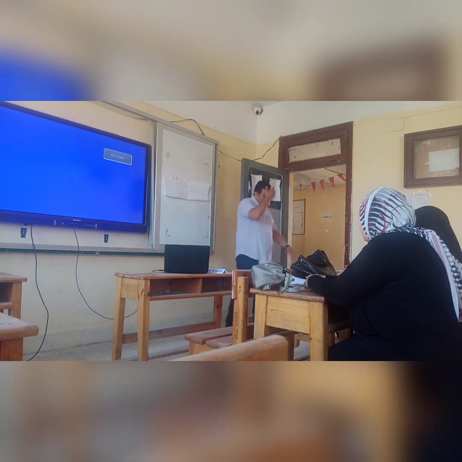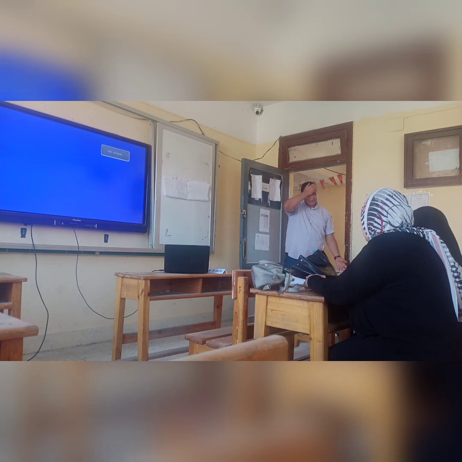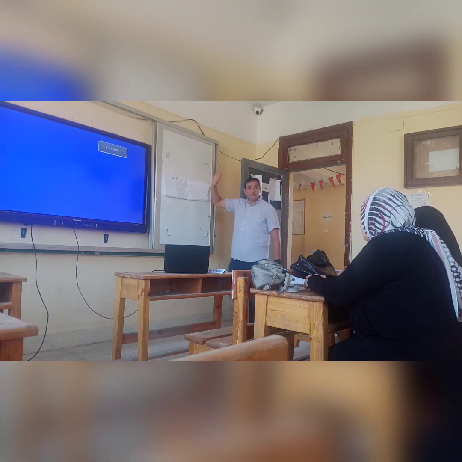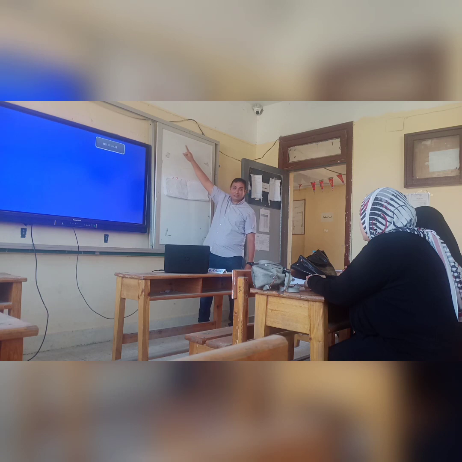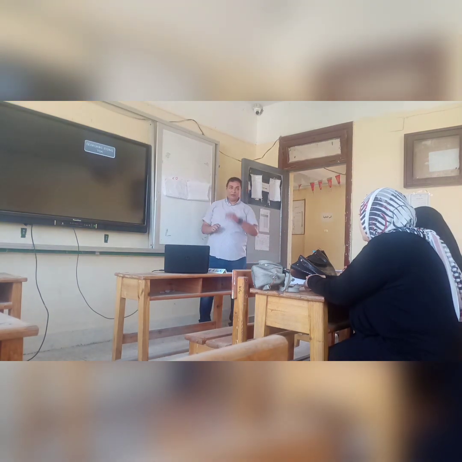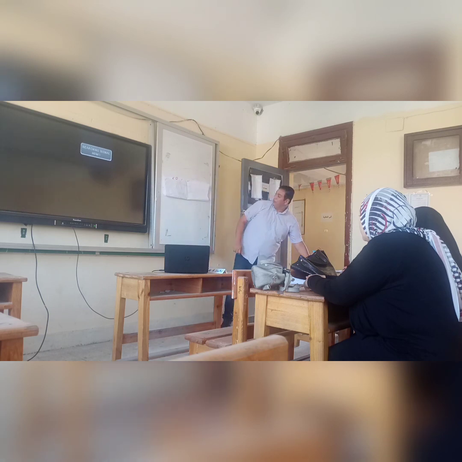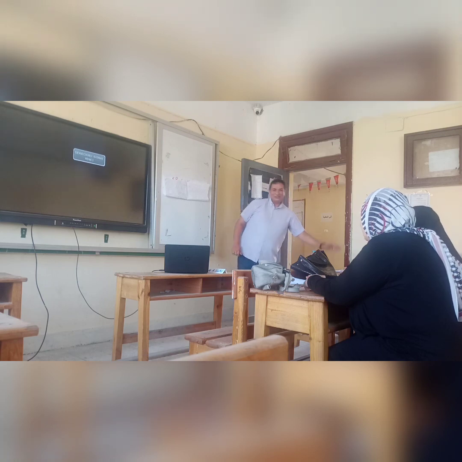Okay, you have distributed the sheets here, and you have to prepare 3 paragraphs. For example, write a paragraph about your favorite hobby, and write a paragraph about your role model, and write a paragraph about your school. So how many paragraphs do we have? The first row will be your favorite hobby.